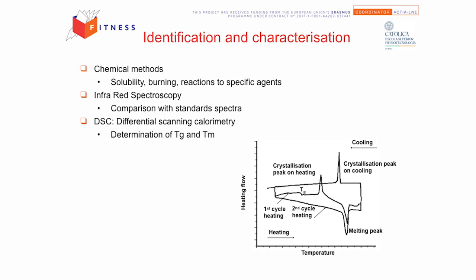And then when we perform the second cycle, we don't see the Tg so well, and we see the melting peak. So with these two cycles of running, we identify the material by crossing with a table the Tg and the Tm, okay?